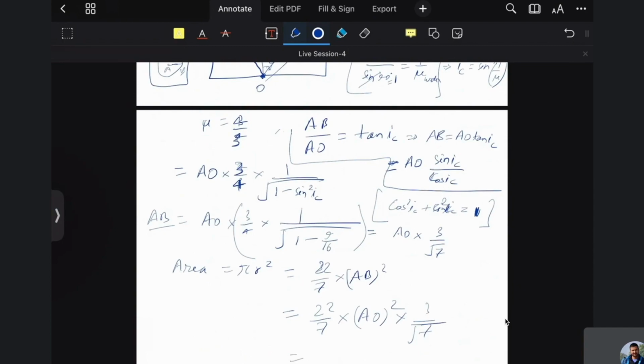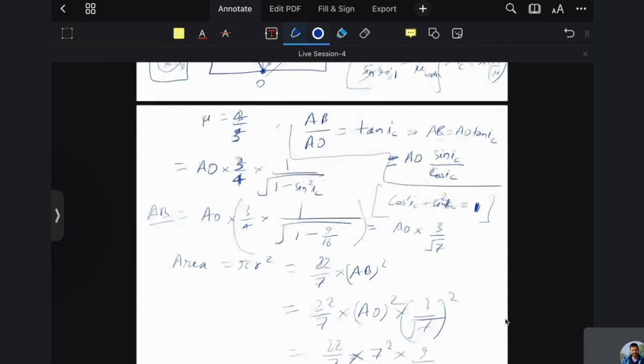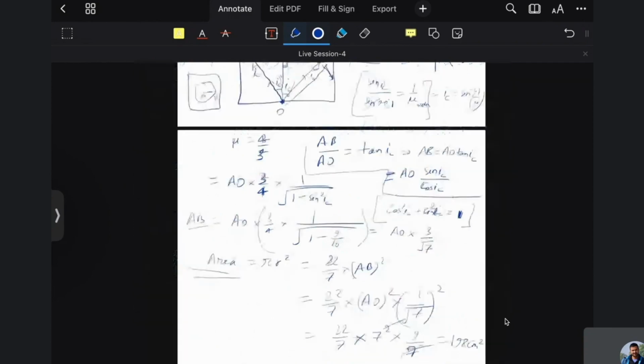So you can put everything here, into 7 square into, oh sorry, this is also square, 9 by 7. This 7 will cancel this and it will be 198 centimeters. So this is the area through which the light will come out.